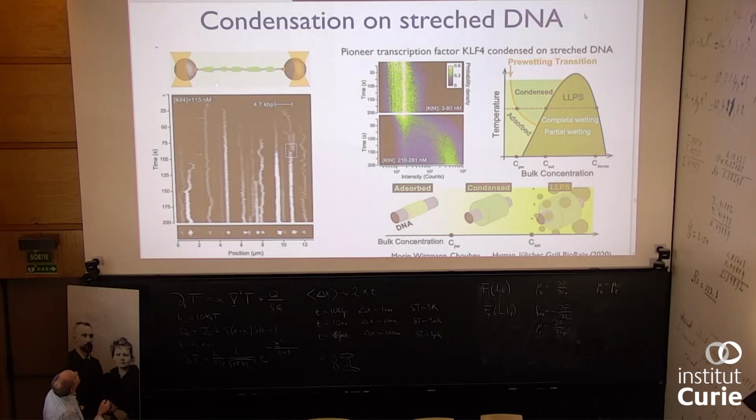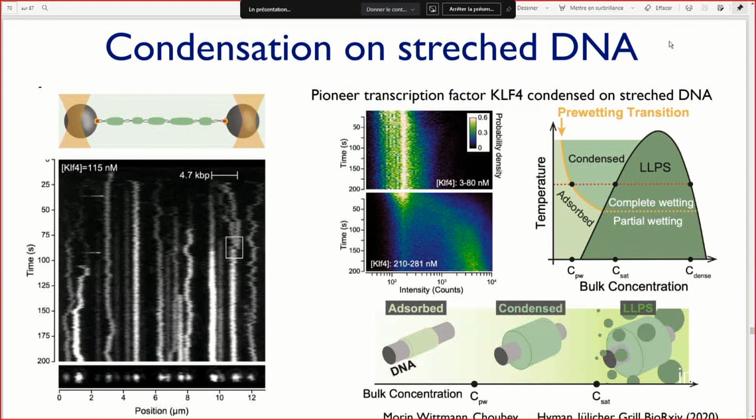And now what one looks at is how small condensates form on the DNA without the DNA being also condensed. And in this experiment, the concentrations are also below the concentration where the proteins would form droplets in the bulk. So the system is not yet in a phase separating regime, but it forms small condensates on the DNA. And you see here as a function of time how these condensates form along the lambda sequence.